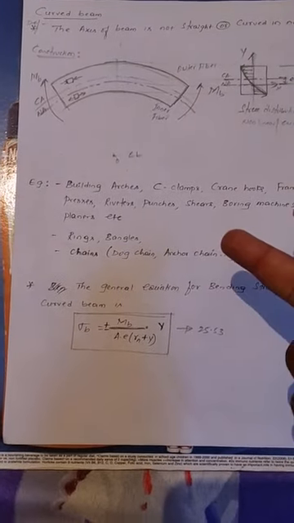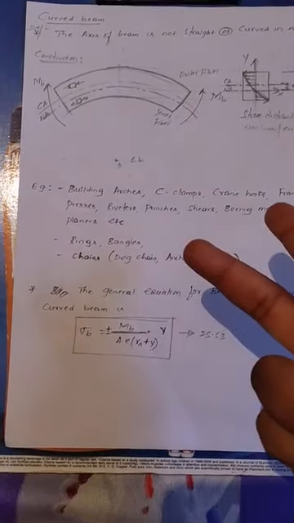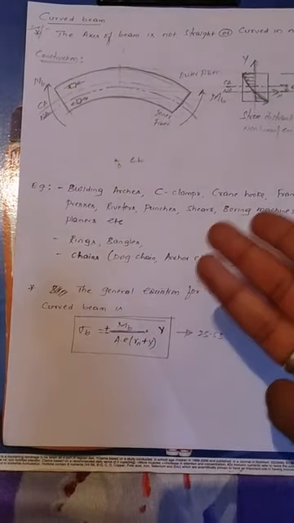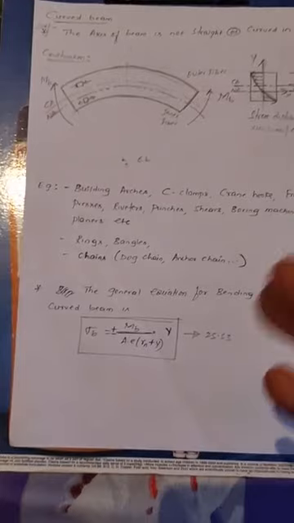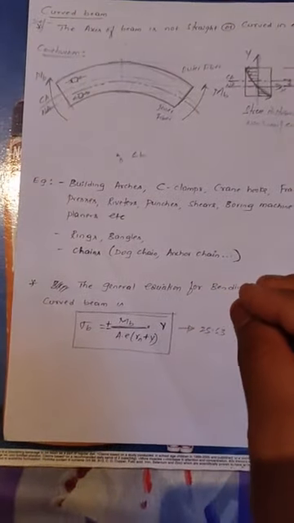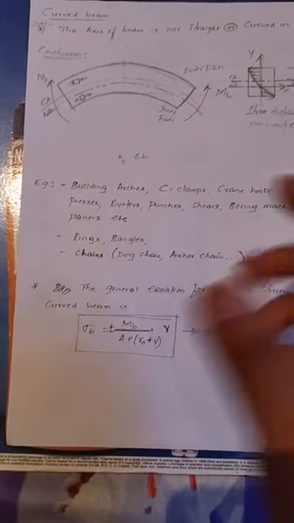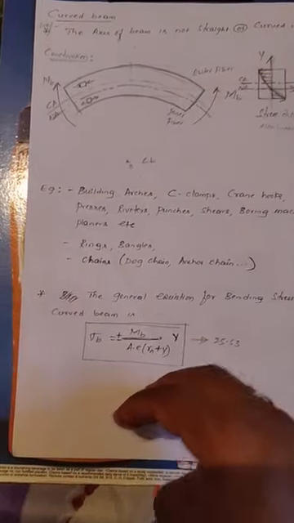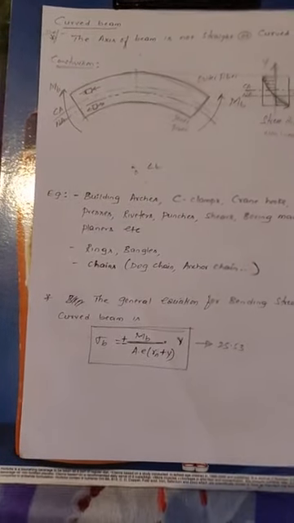Third is examples of straight beams and curved beams. And fourth is the stresses induced in straight beams and curved beams. Remember these four parameters, which you write in the table, that give the difference between straight beams and curved beams.